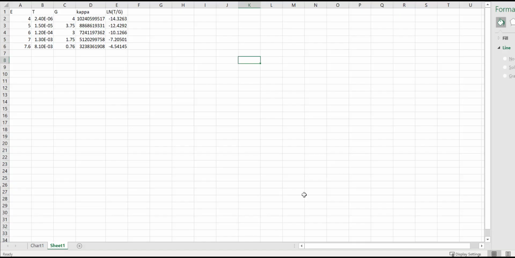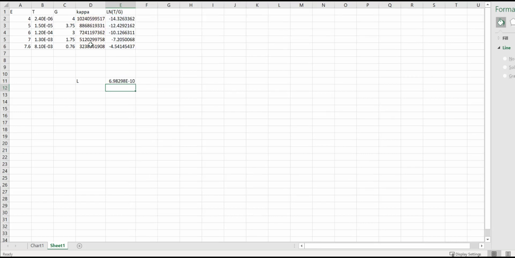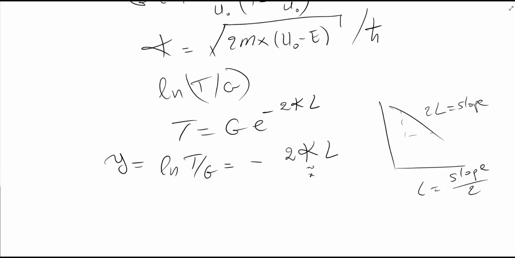So L is going to be equal to minus slope of the y-axis, which is this one, comma the x-axis, which is this one, and the whole thing is just divided by 2. According to this number, it's 6.98 times 10 to the negative 10 meters.